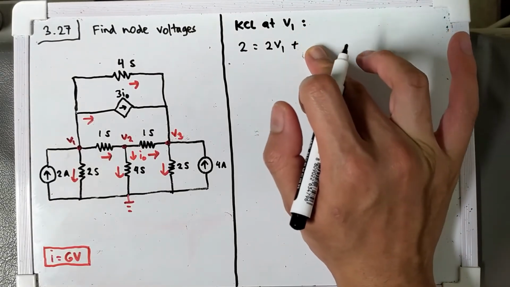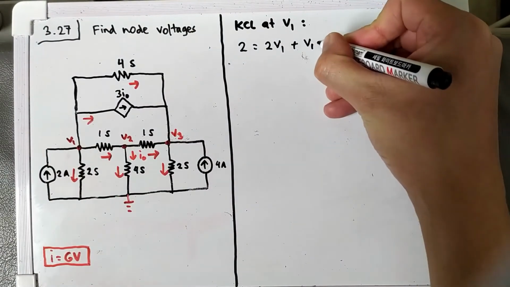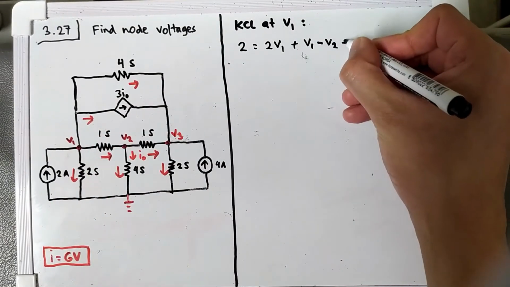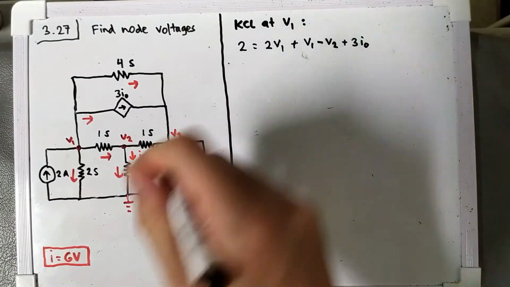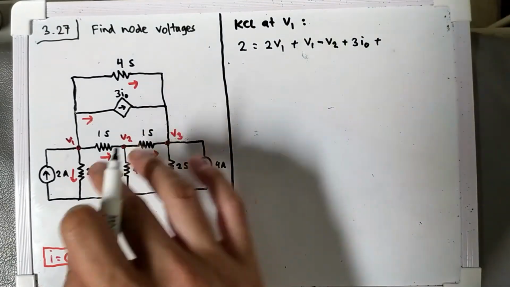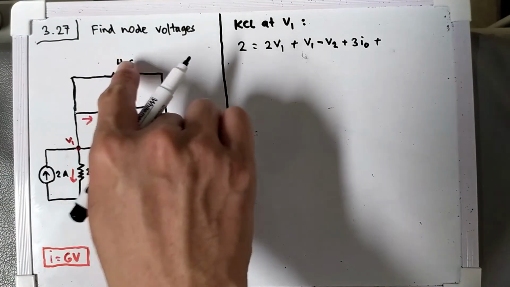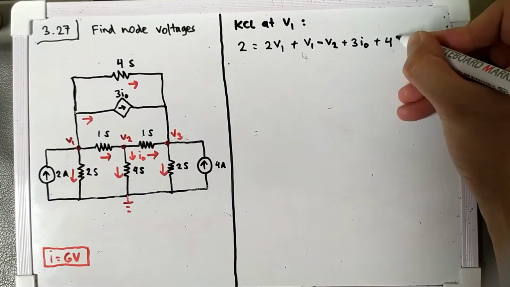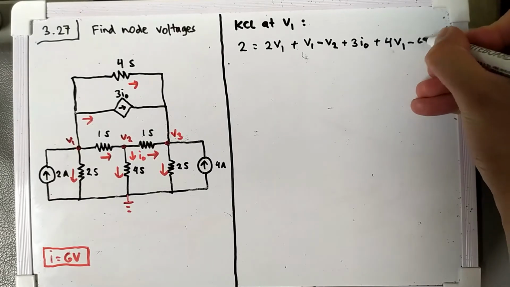So we have V1 minus V2, and then plus this direction 3I0, and then plus V1 minus V3 divided by this resistance, but it's multiplied now, so I will have 4 V1 minus 4 V3.